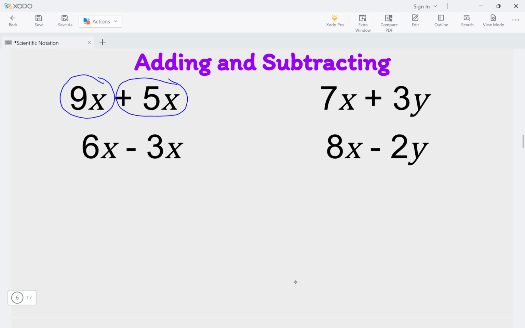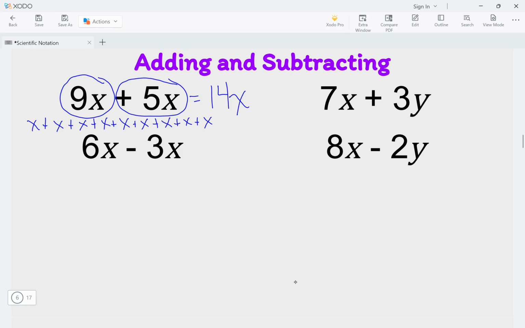So this is 9x's plus 5x's. So that would end up being 14x's. So I keep my variable. This is just saying I have 9x's: x plus x plus x, 9 times, 1, 2, 3, 4, 5, 6, 7, 8, and 9.